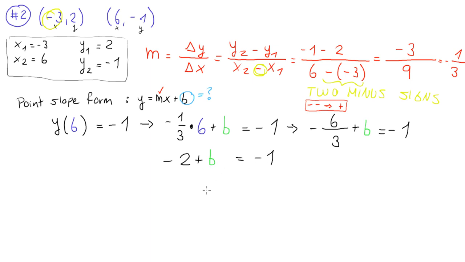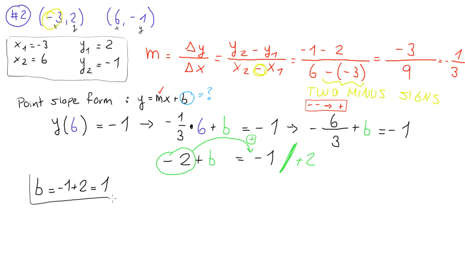Now, how do we determine b? Well, I will move this -2 to the opposite side of the equation. When it's a negative on one side, it will be a positive on the other. Or in other words, to both sides I add +2. So the final value of b we have is -1 plus 2, which is a result of 1. So it's simply 1.